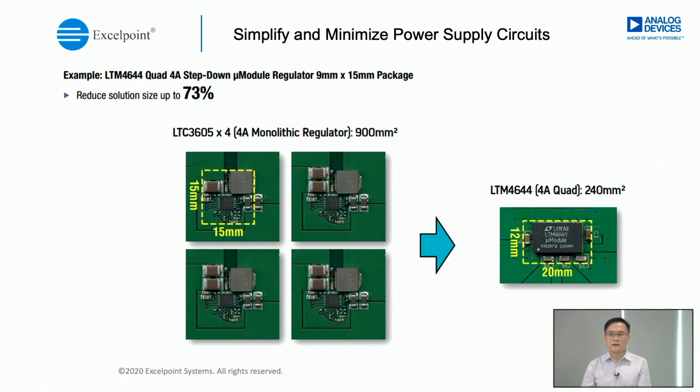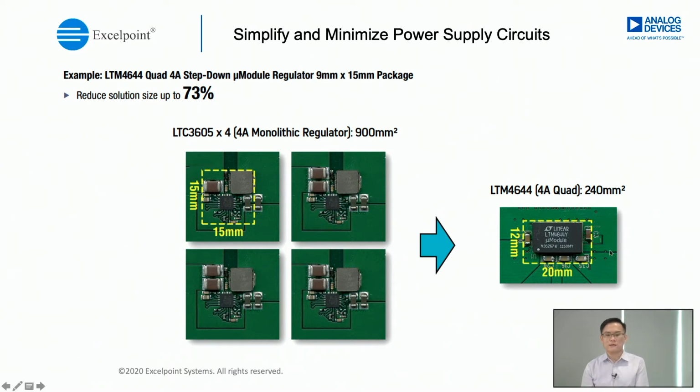Again, here is another example. This example is if you need about 4 ampere 4-channel for your system. You may have used LTC3605 in the past, then you would need 4 pieces in order to deliver 4 channel 4 ampere output. You can see here the area needed is about 900 square millimeter, but with the technology advancement now, we can offer you LTM4644, which is a 4 channel 4 ampere µModule.